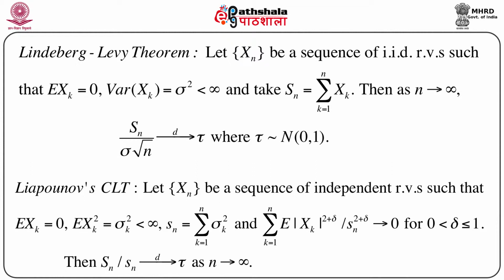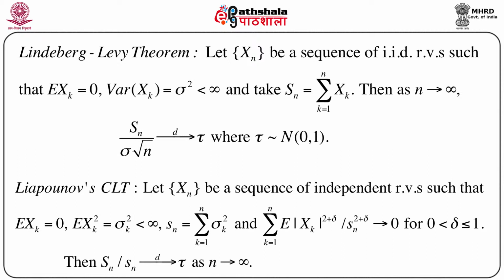We define small sn squared as the sum of the variances, summation of sigma k squared, k equals 1 to n, and we assume another condition, known as Lyapunov's condition: summation k equals 1 to n of the expectation of modulus of Xk to the power 2 plus delta, divided by sn to the power 2 plus delta, goes to 0, for delta between 0 and 1, that is 0 less than delta less than or equal to 1.